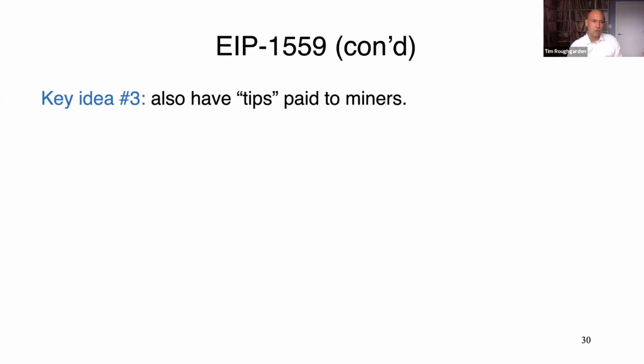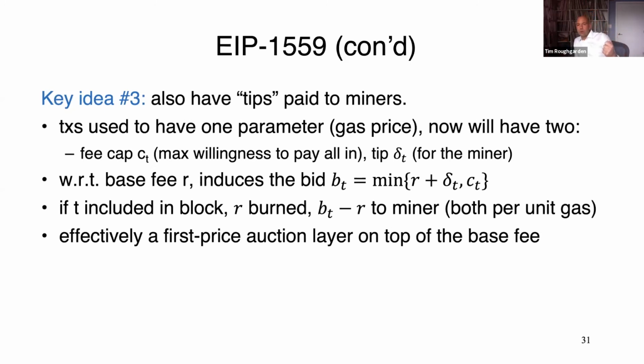So the way it works is now as a user, you specify your maximum willingness to pay, and hopefully bidders will just submit their valuation as a maximum willingness to pay. But there's also a second parameter that you submit under this new mechanism known as a tip. The user is basically saying, above and beyond the reserve price, I am willing to pay this extra amount to whoever mines my block to incentivize them to actually do it.